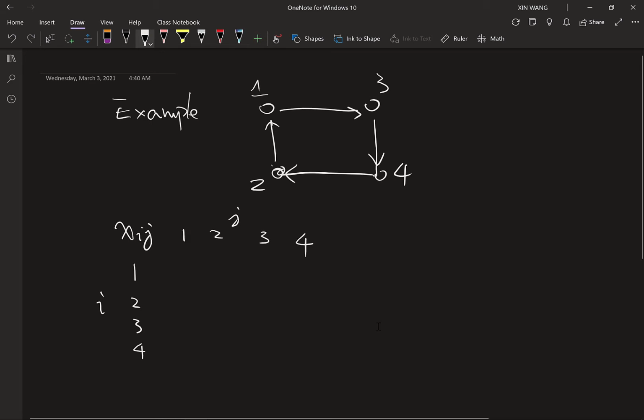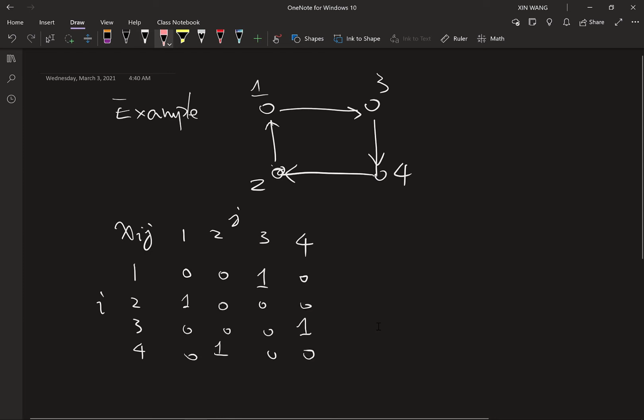So our first step is from city 1 to city 3, so this is 1. The second step is from 3 to 4, so x34 is 1, and then 4 to 2, x42 is 1, and then 2 to 1, x21 is 1, so the rest are 0.